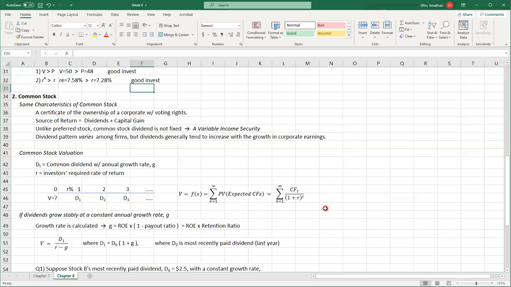When the company has big corporate earnings, the dividend will increase and jump. If the company has some financial problem and earnings are negative, then the dividend might go down, or sometimes they don't pay dividends.